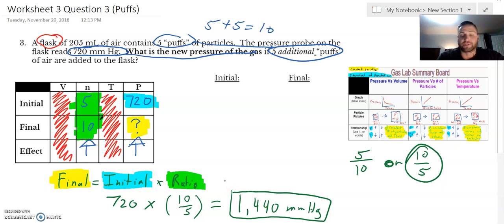And this is my final answer. This answer makes sense because it's bigger than 720. It follows the rules of this arrow that I just chose, and the answer finishes the computation for us.